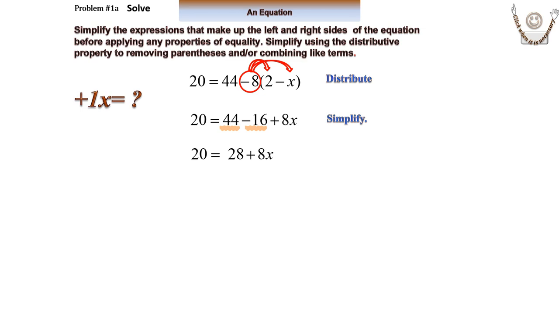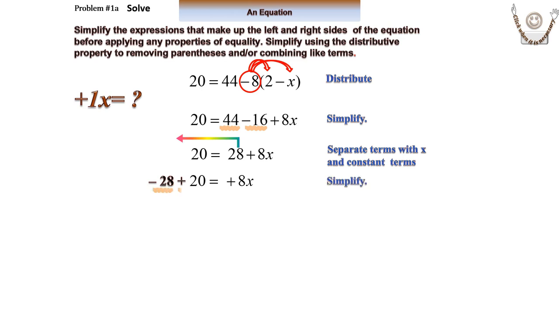Next step, we have to separate terms with x and constant terms. So let's move 28 from the right to the left. It doesn't matter where you're moving. Just separate terms with x and terms that are just numbers. As a result, we have negative 28 and positive 20, so we can combine because they are alike.